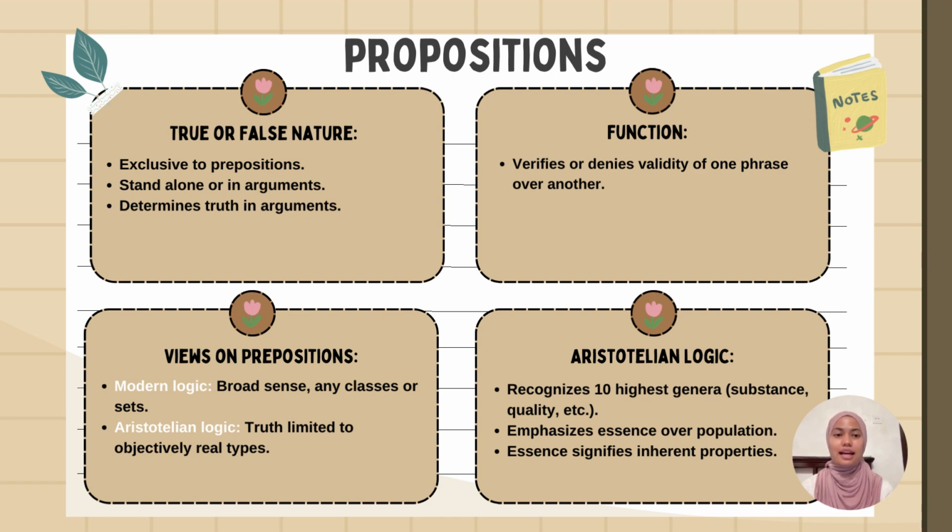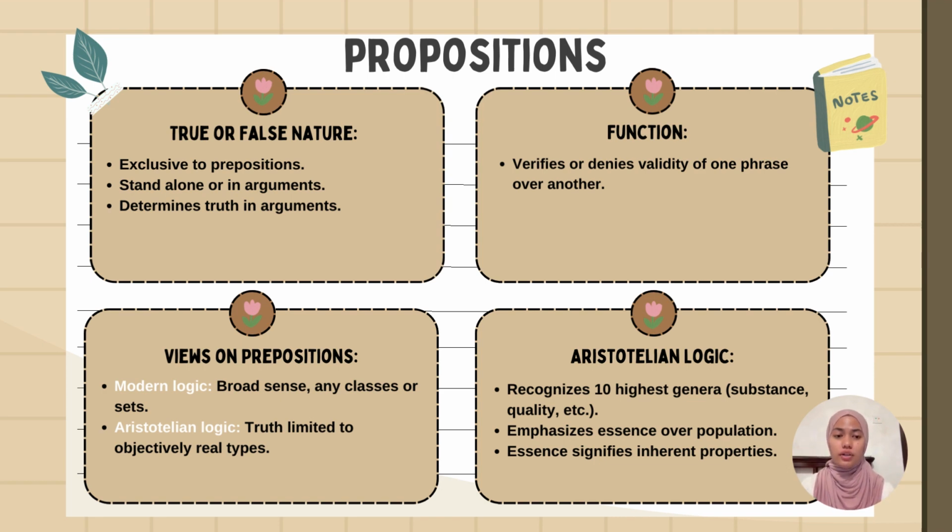These categories are considered subjective because they pertain to the nature or essence of things rather than arbitrary classification imposed by human thought. The 10 highest genera in Aristotelian logic are substance, quality, quantity, relation, time, place, action, passion, posture, and also possession.